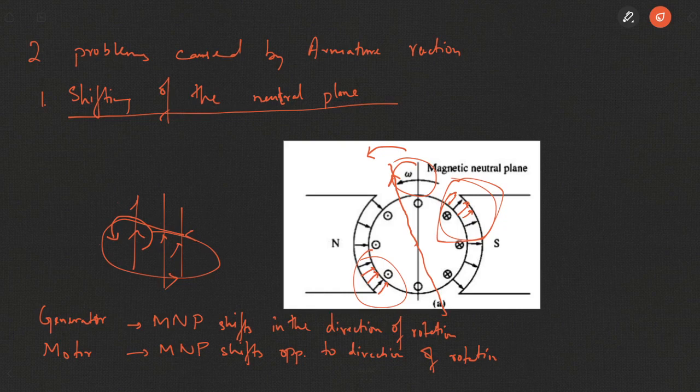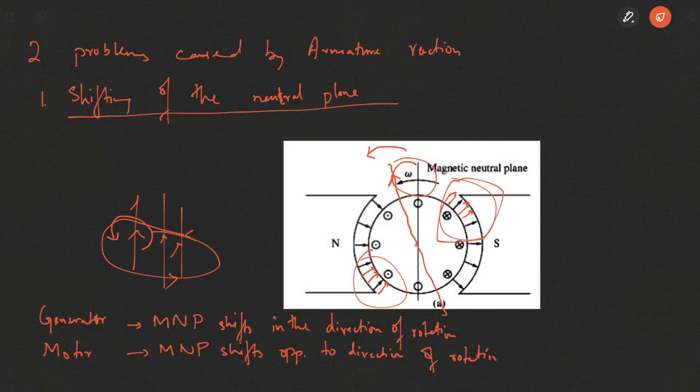Fine. We place the brushes in the magnetic neutral plane where the EMF induced is 0, so that smooth commutation between commutator segments takes place. That means reversal of current from one commutator segment to another commutator segment takes place smoothly without any sparks or any flashovers. But as soon as the neutral plane shifts, once the armature is loaded, the brushes are no longer in the neutral plane.